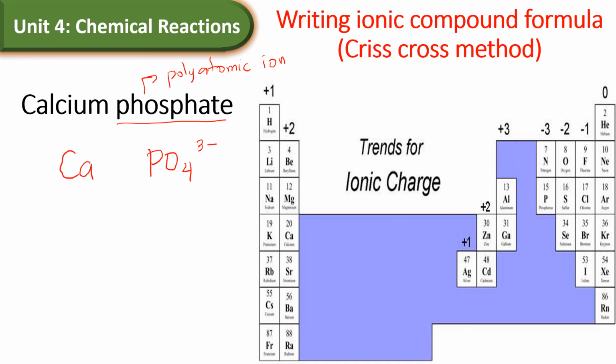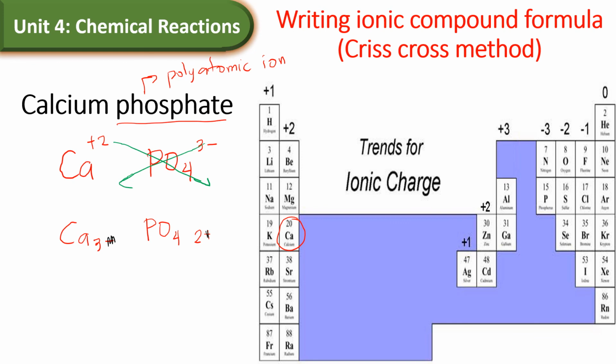Now, okay, let's look at the table here. Calcium, the charge is 2 positive. So crisscross, you will get an answer of Ca3 negative, then PO4 2 positive. Again, you don't need a charge.